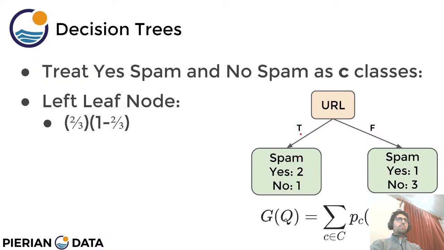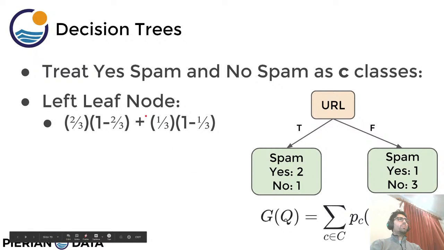This is the left leaf node's Gini impurity right now, and then we'll take the weighted average to get the URL Gini impurity. So that's 1 minus the probability of being spam. But I have to do this for the sum of all the classes. What's the other class? It's not spam. What's the probability of being not spam if it's true on URL? It's essentially the reverse, right? It's 1 over 3. And then here we say 1 minus 1 over 3.